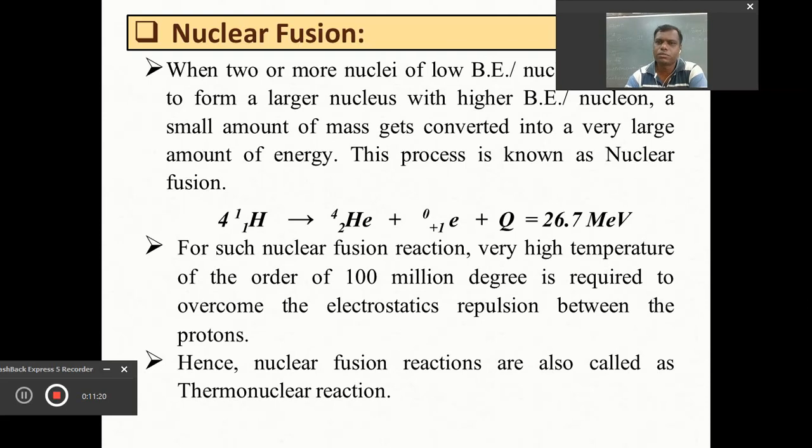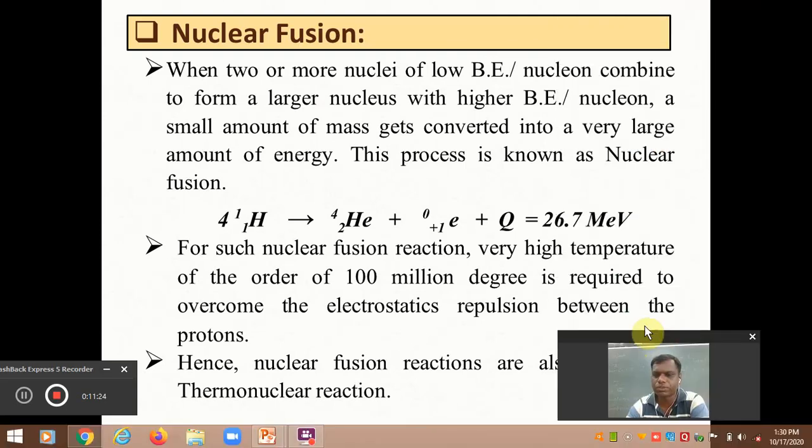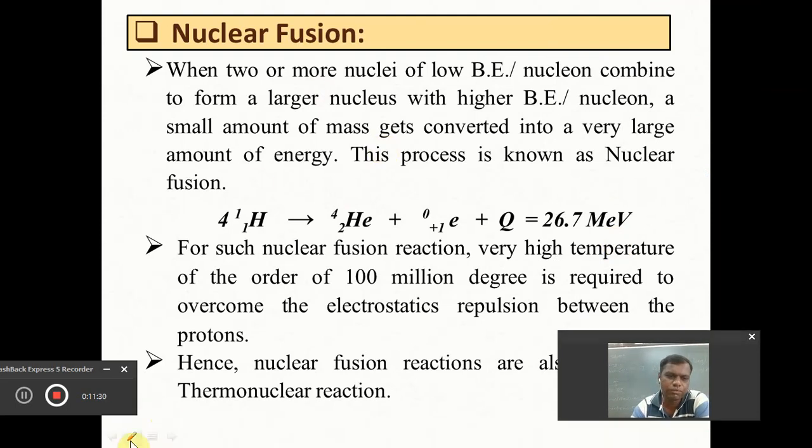So in this part we are also going to talk about the reverse process of nuclear fission, and that reverse of nuclear fission is called nuclear fusion. The combination of nuclei is called nuclear fusion.